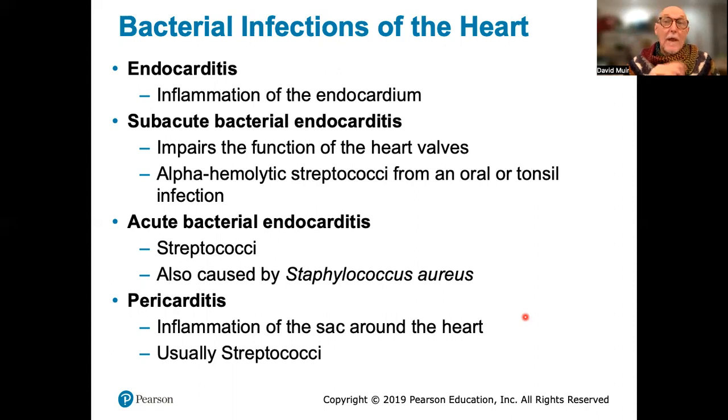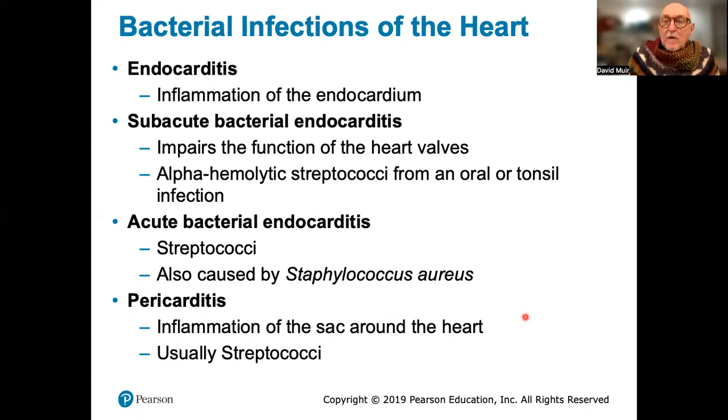And when that endocardium becomes infected and inflamed, that is referred to as endocarditis. And it is particularly dangerous, not only because of the inflammation, but because it encourages blood to clot around the inflamed surfaces.